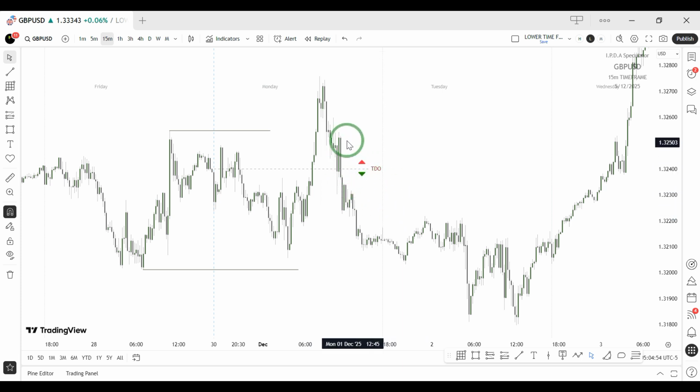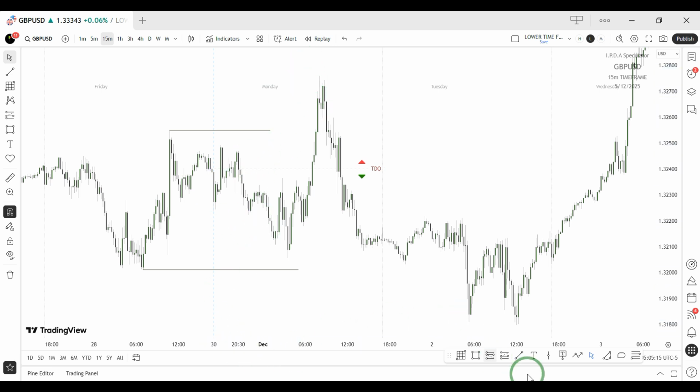So now I have these two key levels: the previous day's highs and lows. I have premium according to the true day open and discount according to the true day open. All right, we buy the lows, we sell the highs, inside the key zones.